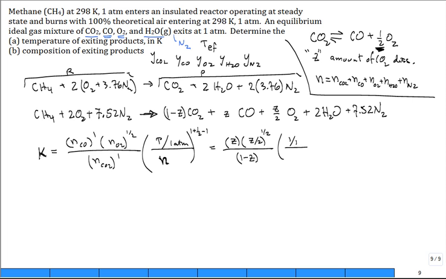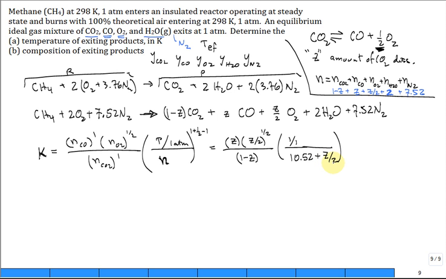So if I write it out, this is 1 minus Z, this is Z, this is Z over 2, this is 2, that looks like a Z, but it's a 2, and this is 7.52. See that? So when you sum it all up, N is 10.52 plus Z over 2.